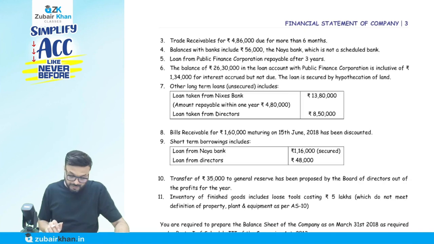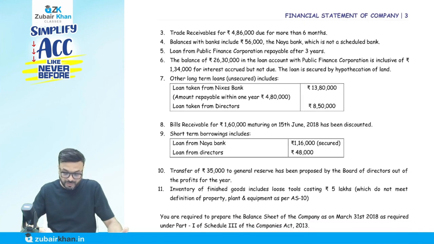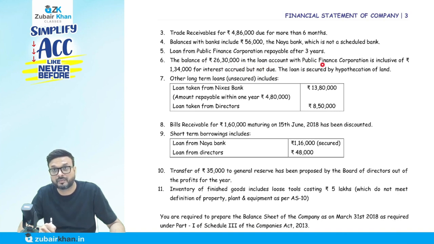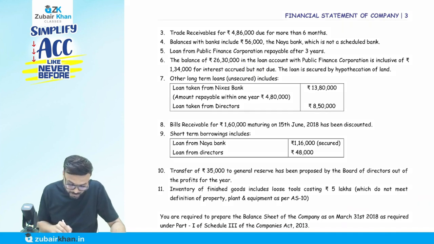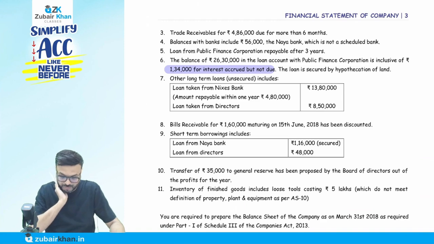Then they say the loan from Public Finance Corporation is repayable after 3 years. And I will come to this long-term borrowing. The balance of rupees 26 lakh 30,000 in the loan account of Public Finance Corporation is inclusive of rupees 1 lakh 34,000 for interest accrued but not due. The loan is secured by application of land.